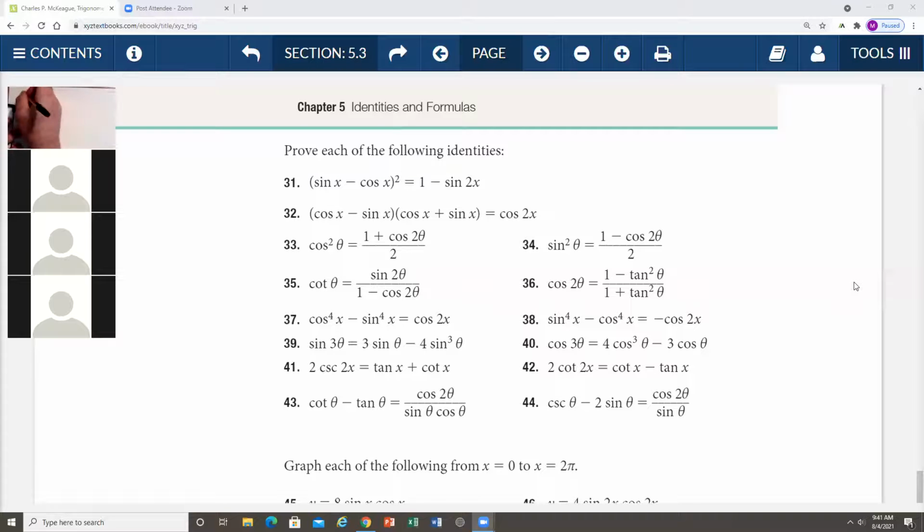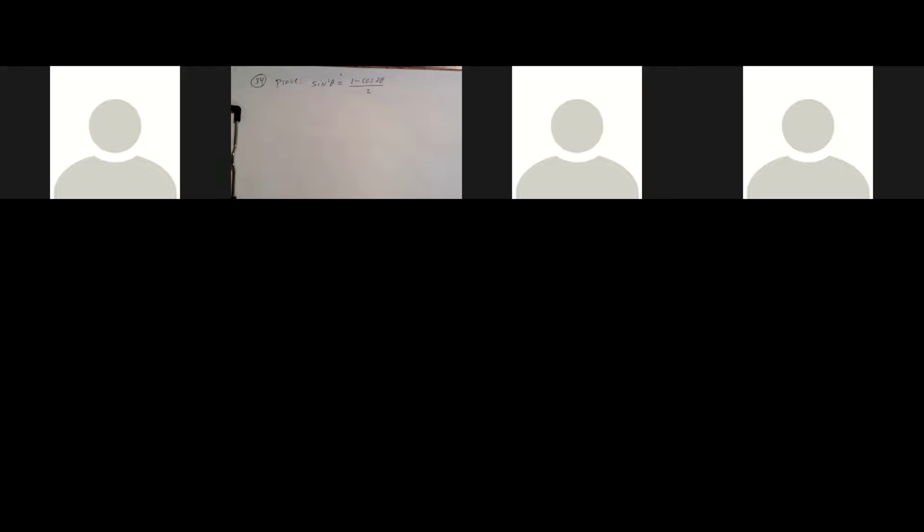So number 34. Let's prove that the equal sign belongs in between sine squared of theta and 1 minus cosine 2 theta divided by 2. So I have a question for you. What side would we want to work with, ladies and gentlemen, the right or left side?